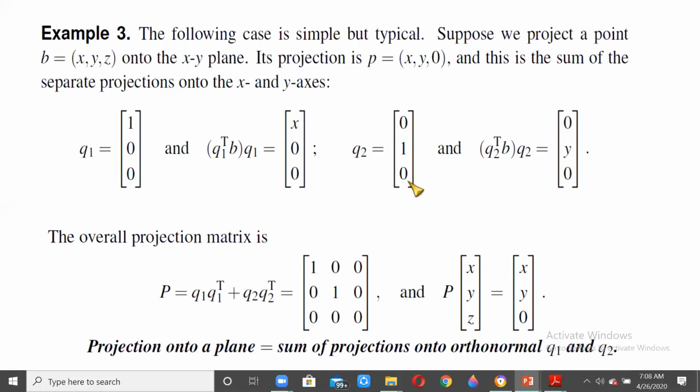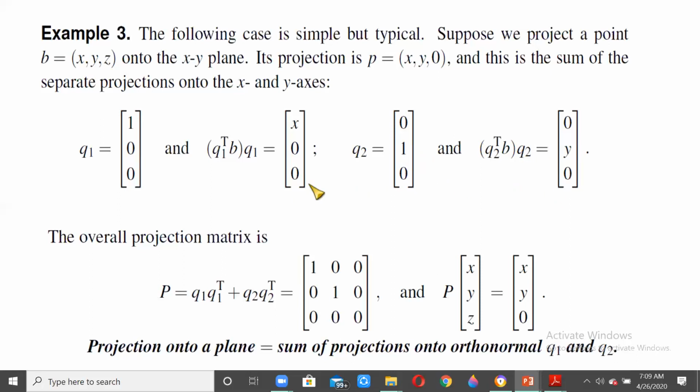Similarly, Q2 is again a standard basis vector 0, 1, 0, and Q2 transpose is a row matrix with 0, 1, 0. Multiplying with b written as a column gives y, and y multiplied by Q2 gives 0, y, 0.